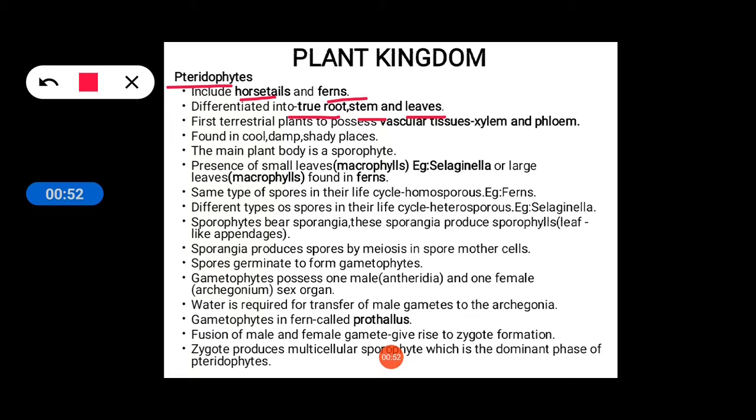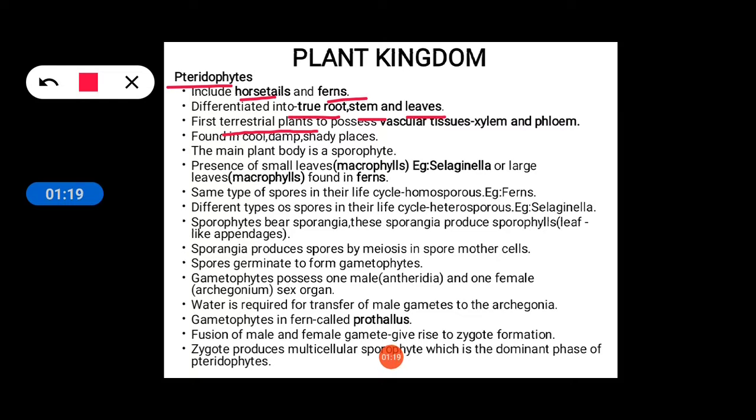That is, these pteridophytes possess true root, stem and leaves in their life cycle. They are the first terrestrial plants to possess vascular tissues. Pteridophytes are the first terrestrial plants. Terrestrial means they live on land.